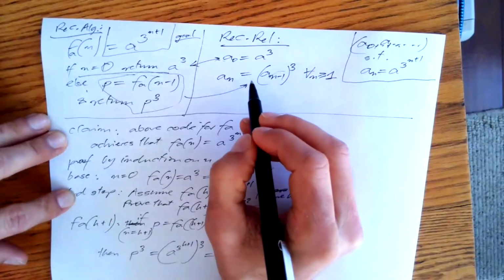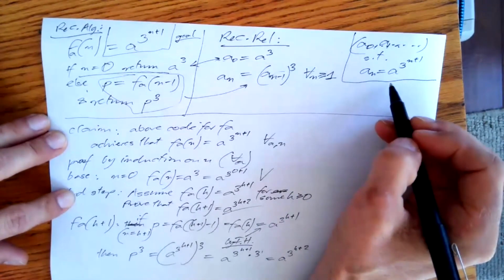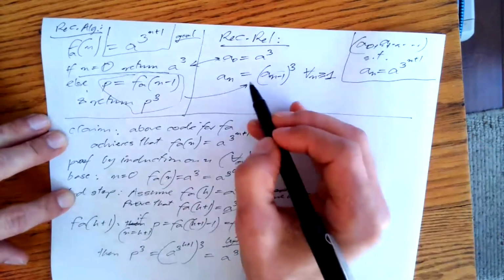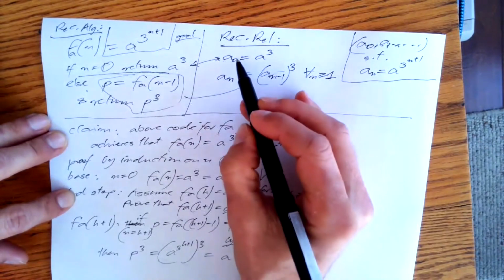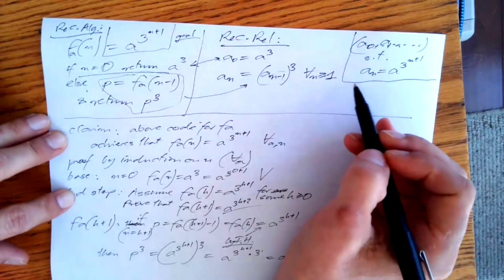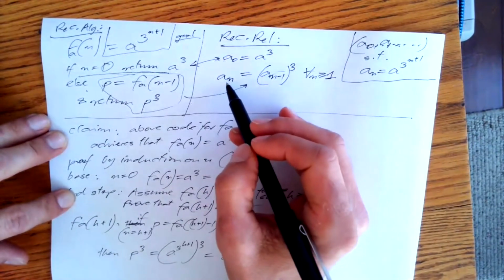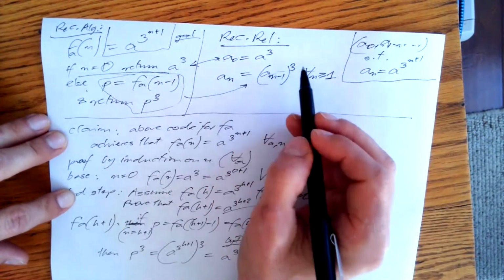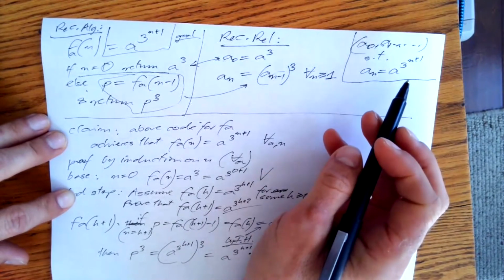Please give me a recurrence relation that defines the same sequence. Here is the recurrence relation. The first guy is a to the cube. The nth guy is the previous guy cubed. Yeah.